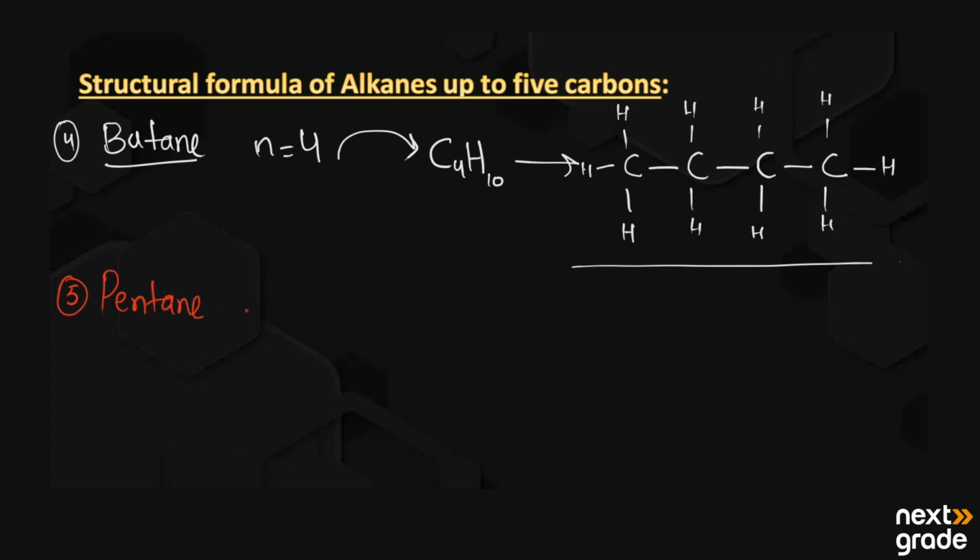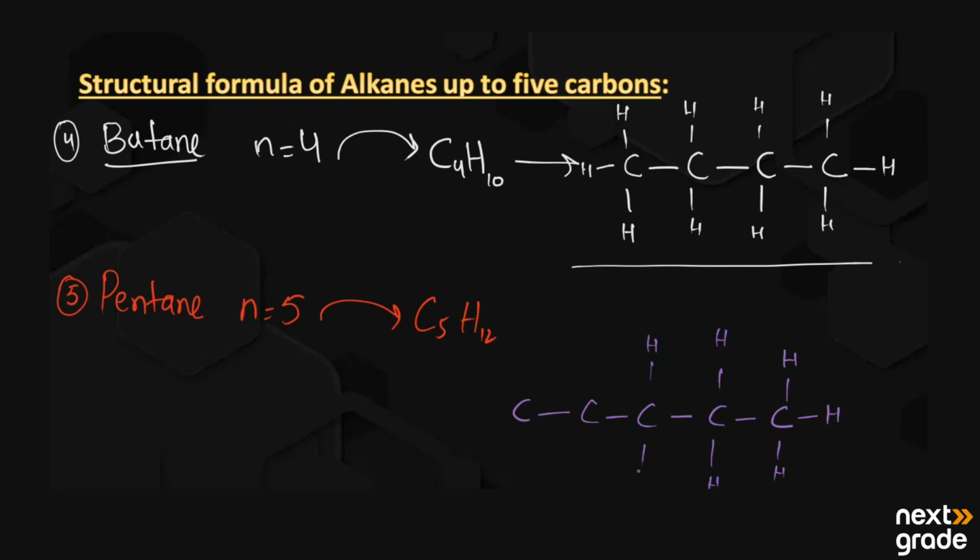At the end we have the fifth one, pentane. In pentane n is equal to 5, and its formula is C5H12. For the structural formula, we arrange 5 carbon atoms in a row, around which there are hydrogen atoms: CH3, CH2, CH2, CH2 and CH3.